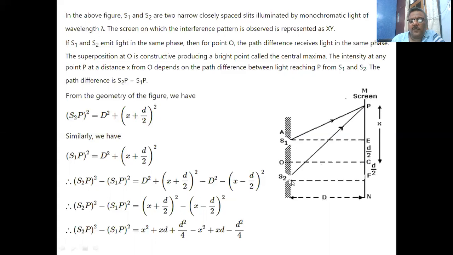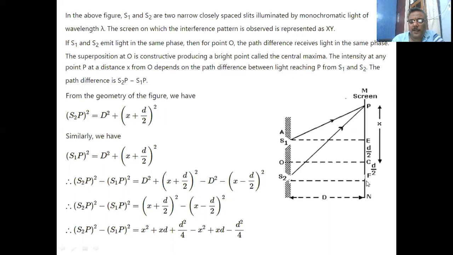The path difference will be S2P minus S1P. S1P is the path traversed by this ray and S2P is the path traversed by this ray. So the path difference will be this path minus this smaller. First we can consider this triangle PS2F.